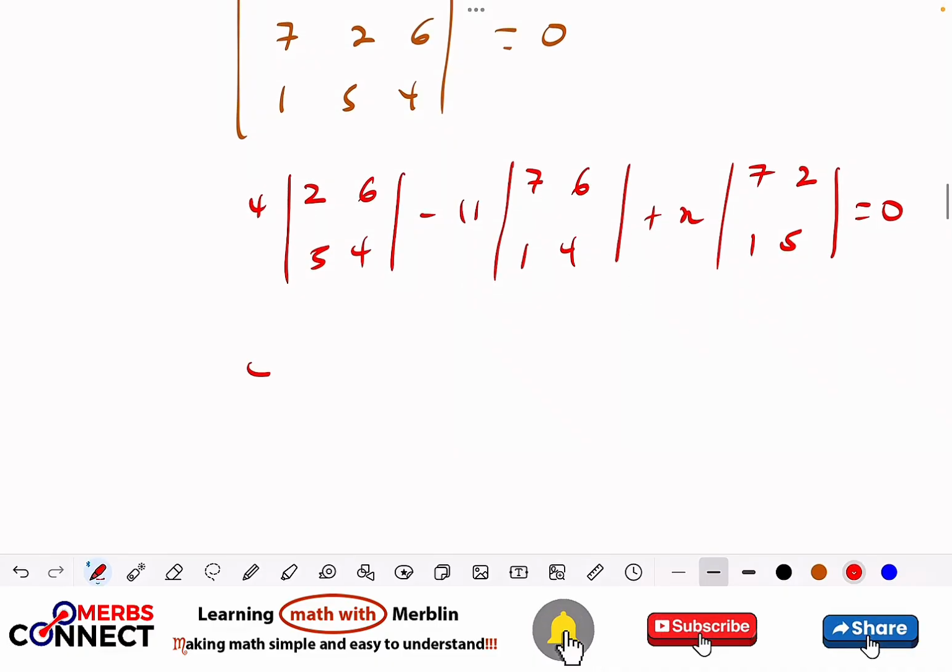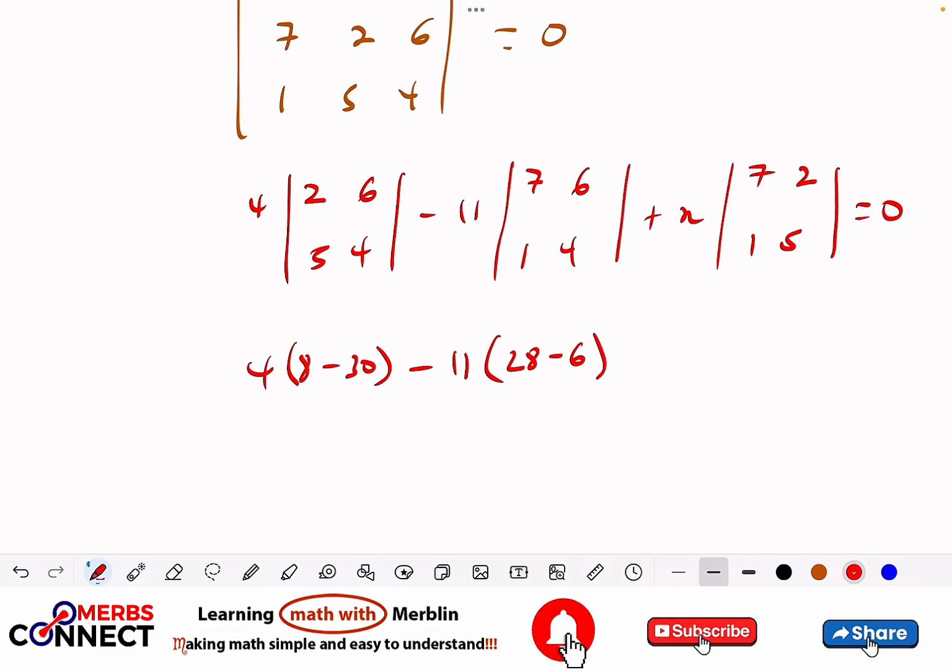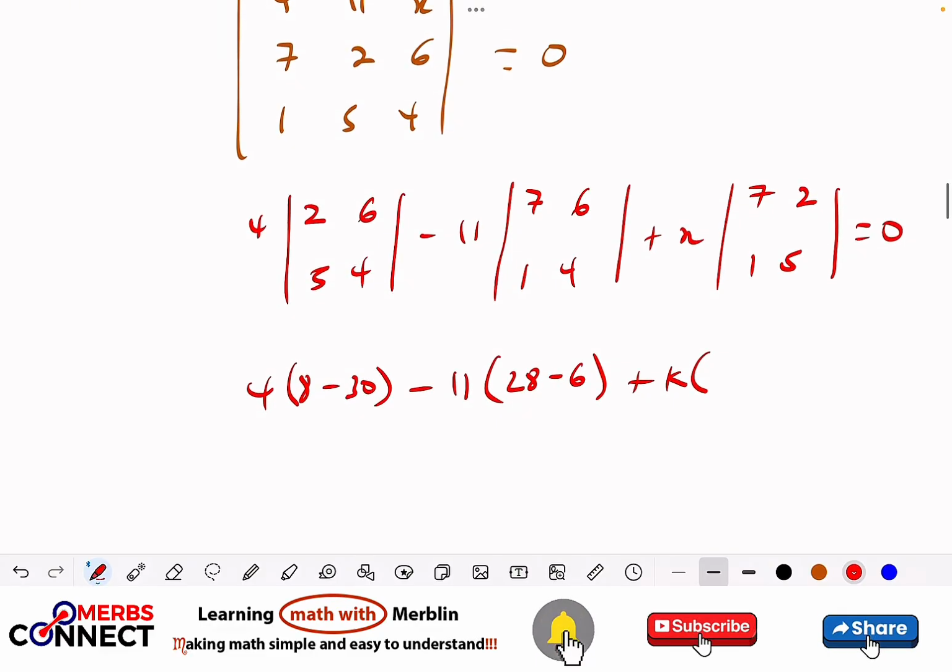So let's do the expansion here. This time this will be 8 minus 30, minus 11. This is going to be 7 times 4 is 28, minus 6, plus X. This is 7 times 5 is 35, minus 2.